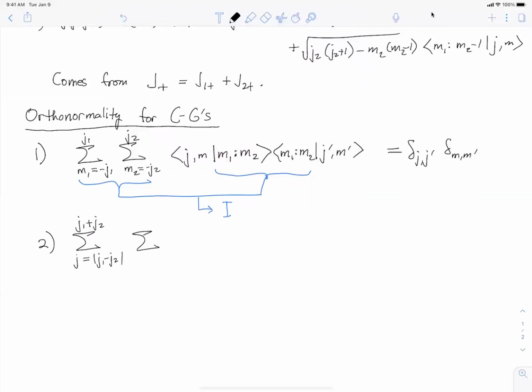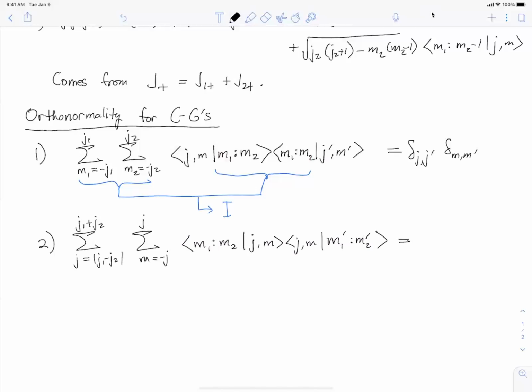And then for each of those J's, the M value can be as small as negative J and as large as J. And so really what I'm doing here is, again, putting in a complete set of states, but now between different product basis states. So I have M1, M2, and then over here I'm going to write M1 prime, M2 prime, which could be different.